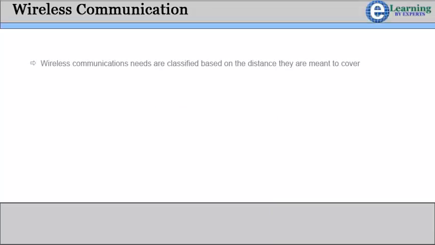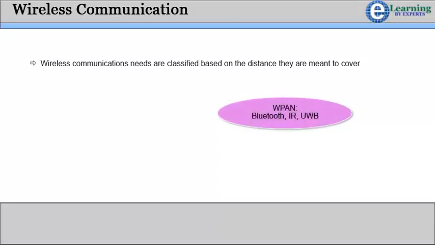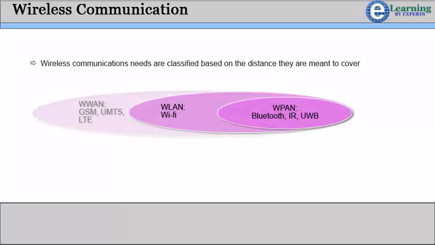Wireless communications needs can all be classified in one of three ways, based on the distance they are meant to cover. These include Wireless Personal Area Networks, WPAN, Wireless Local Area Networks, WLAN, and Wireless Wide Area Networks, WWAN.